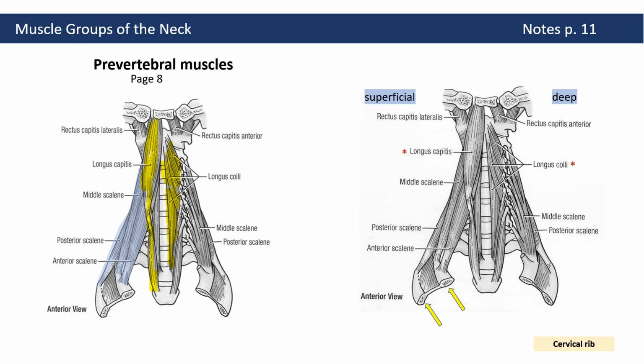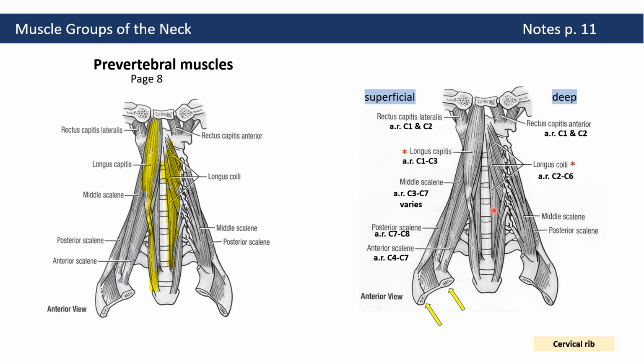Now, within the prevertebral fascia lies this group of muscles that only is made up of the longus capitis and the longus colli. These muscles are considered prevertebral muscles, and they sit immediately anterior to the anterior longitudinal ligament and the bodies of the vertebrae. And so together, the longus capitis and longus colli make up the prevertebral muscles.